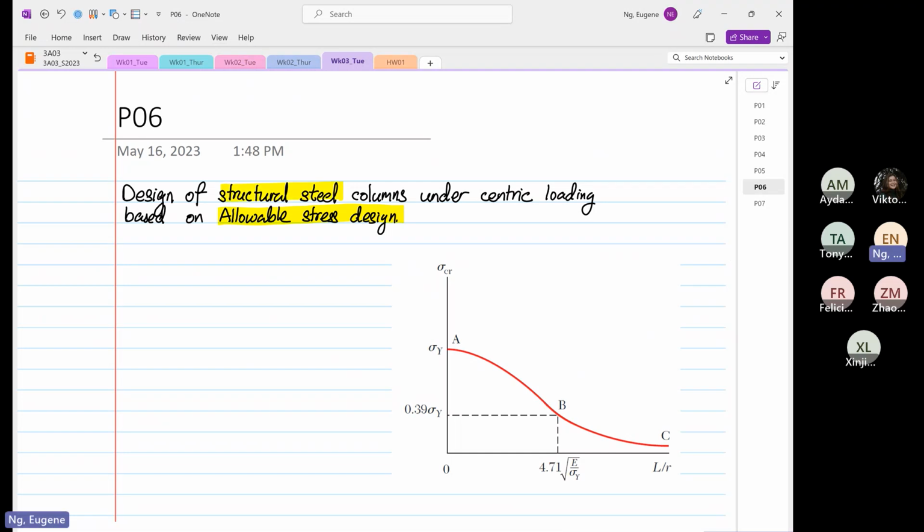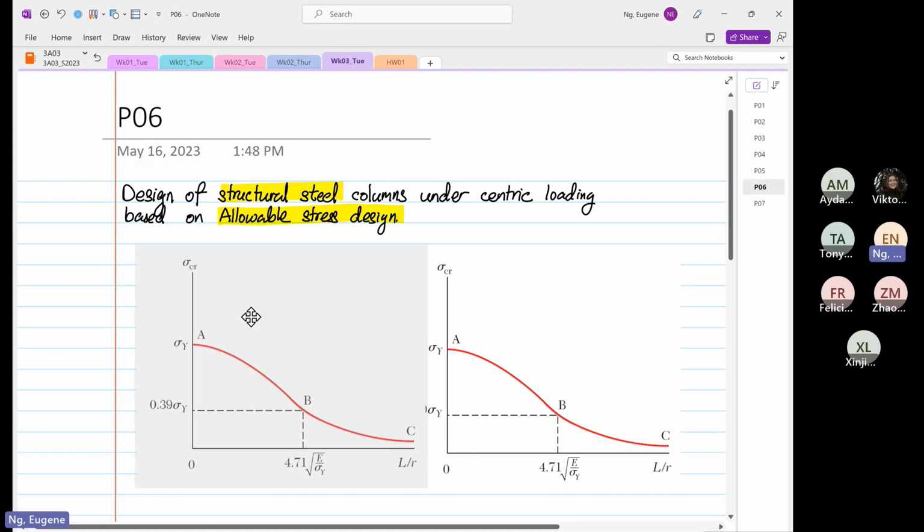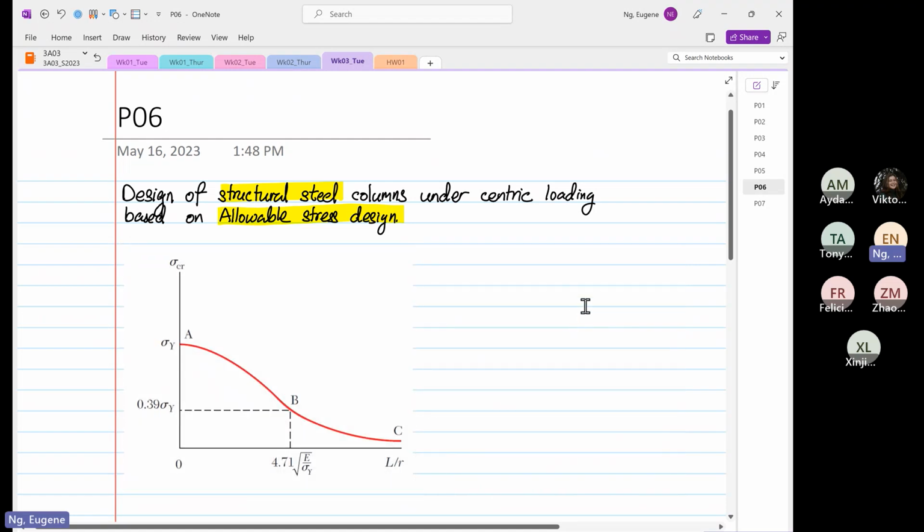If it's structural steel, you will get a chart looking like this. These are usually for structures, like for buildings. For buildings we tend to use structural steel. If we are designing, for example, a bicycle, then this chart is not valid anymore. So structural steels are usually used for buildings.